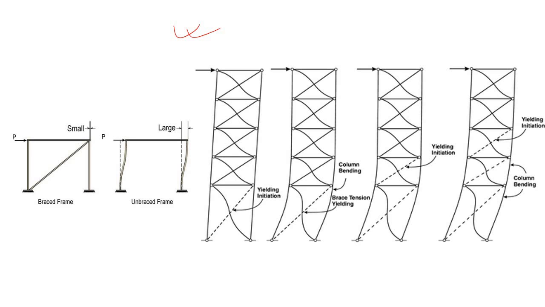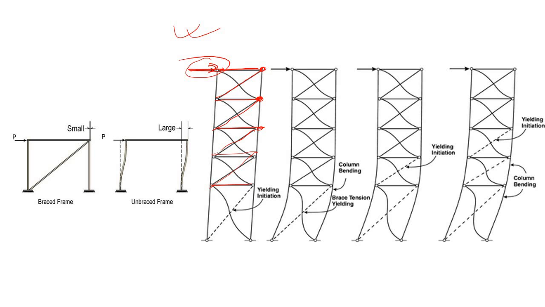At the top of this multi-story frame you have applied a lateral load and you have provided X bracing like this. You know that this lateral load is going to be transferred through this strut to this point, then through this bracing to this point, then through this bracing to this point, like this.